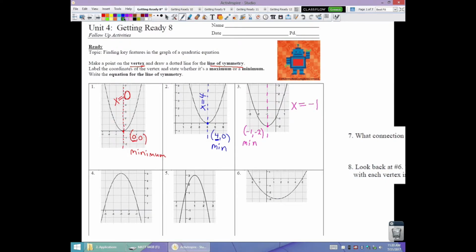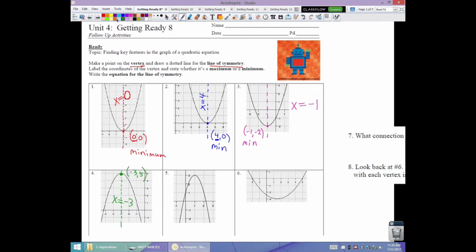Number 4, point on the vertex, dashed line for line of symmetry. Label the coordinates, so it's (-3, 5). And then the equation for the line of symmetry is x equals, the x coordinate from the vertex, -3.